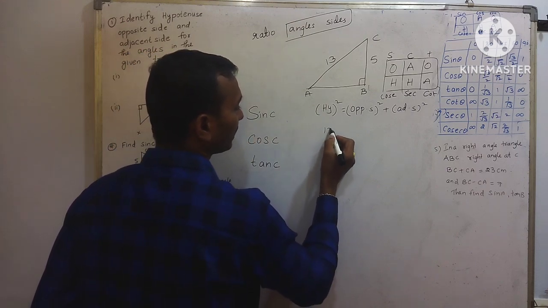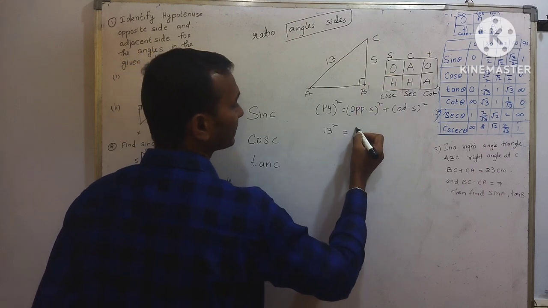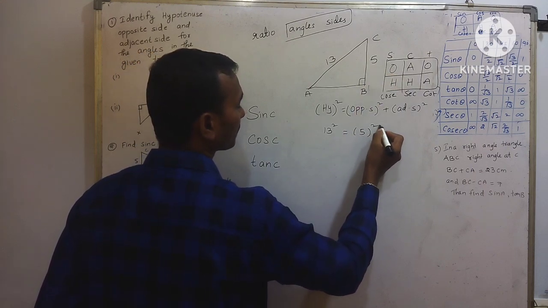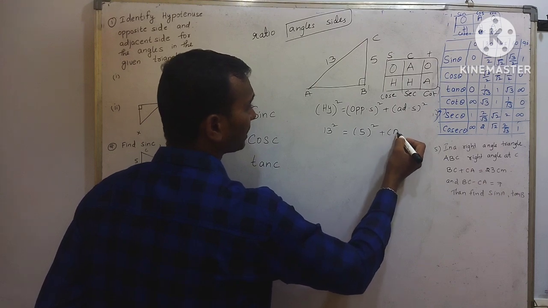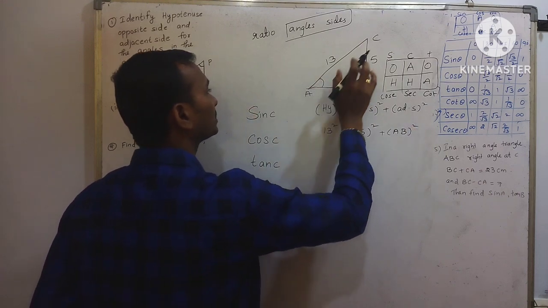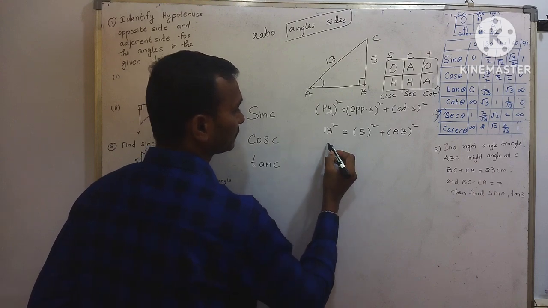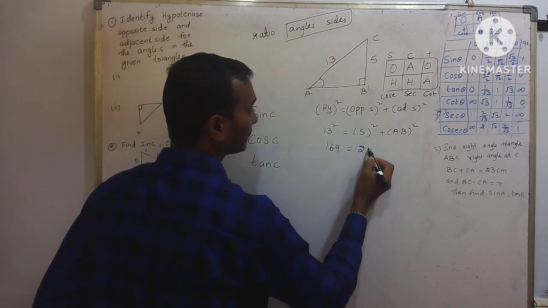So that is 13 square is equal to, opposite is nothing but 5, next, adjacent is nothing but AB. So this is 169. This is 25.